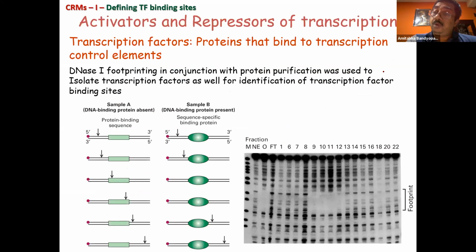Now, say you know the transfactor, okay? You know the enhancer. You now want to know what kind of sequence the transfactor binds to. So please try to understand that we are slowly narrowing down the scope of the analysis. First, we wanted to know if there is an enhancer, like if I can identify an enhancer. There are many methods, like most of the time you chance upon an enhancer, or you simply take a guess that it will be the first 5,000 bases before the transcription start site or something like that.